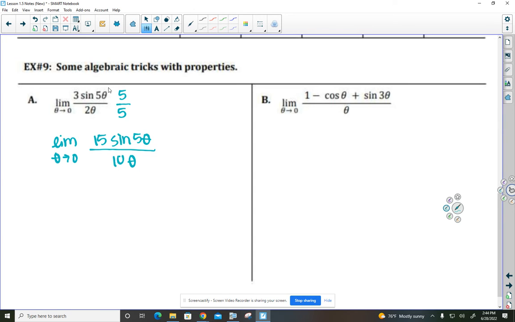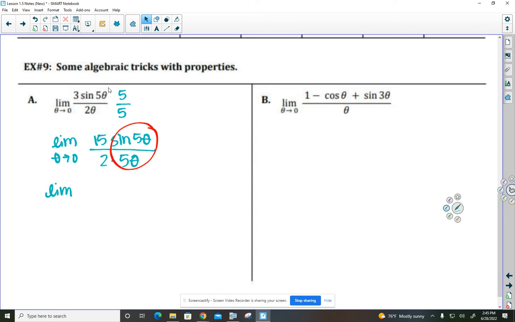But if I rewrite 10 theta more cleverly as 2 times 5 theta, there I can see it. So then, using our limit properties, this really says 15 halves times the quotient of sine 5 theta over 5 theta.